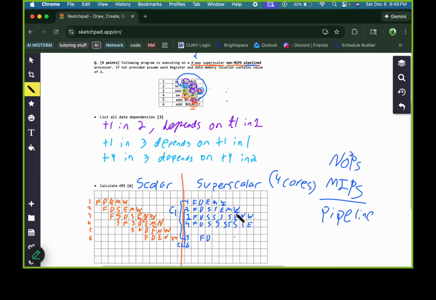This means I cannot exec this until after this W finishes, all the way over here. So I'm going to stall all of this. Now, after that, right, I could do fetch, decode, exec. It is an R type, so I just do no ops, write back.